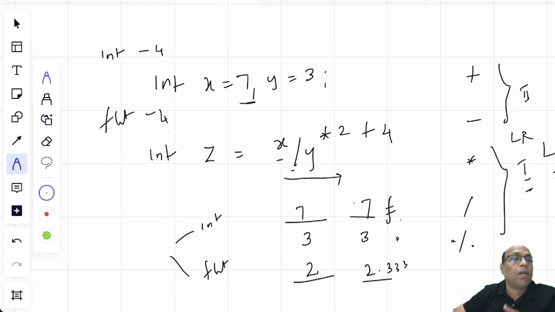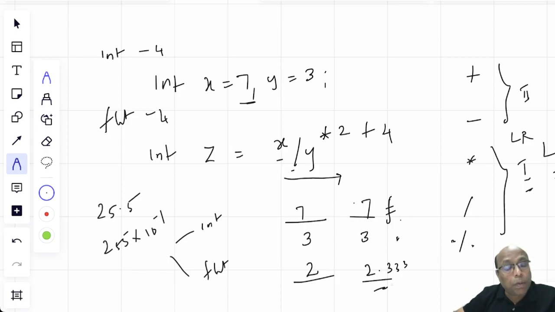Float is capable of storing a higher value because when I say 25.5, it is going to store 255 into 10 raised to minus 1. It is stored in mantissa and exponent form. Therefore, a float is capable of storing a higher value than an integer. Therefore, the result became a float here. Please make a note of this.